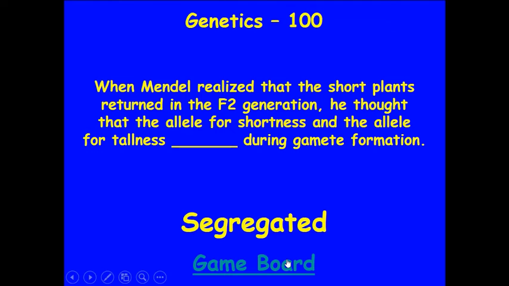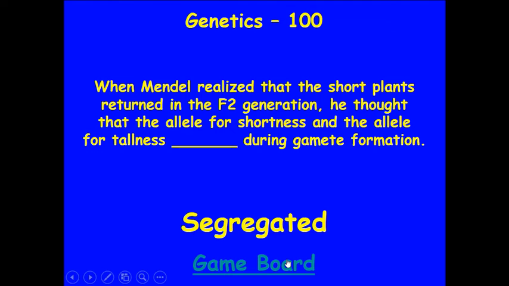So remember, this is the classic cross where you had two purebred parents, one that was tall, big T, one that was short, little t. The F1 generation was all big T, little t, and of course that is tall because tall is the dominant allele or the dominant gene.